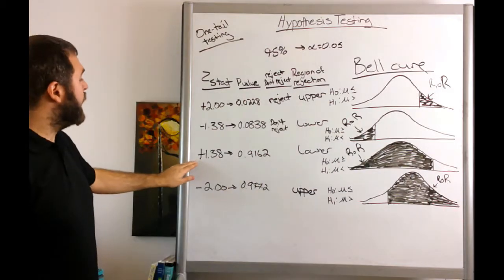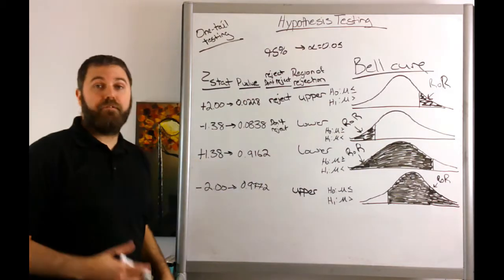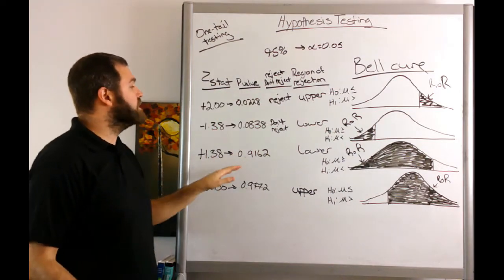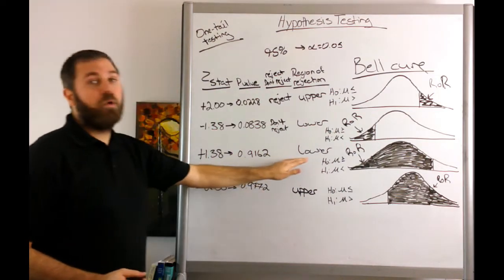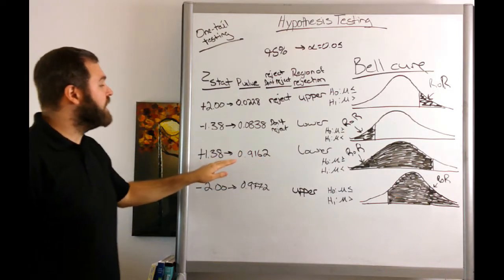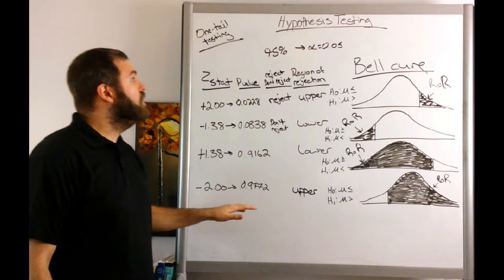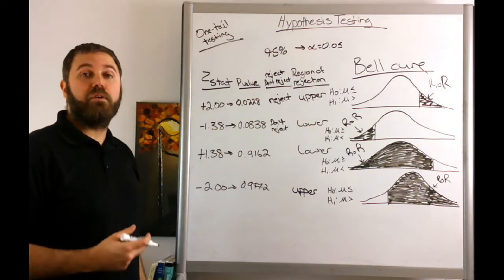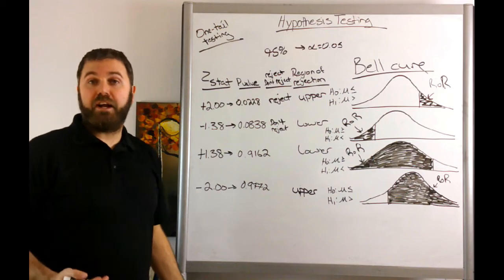Now looking at positive 1.38 for our z-stat, which gave us a p-value of 0.9162, in a lower tail, because we have a p-value of 0.9162, which is greater than our level of significance of 0.05, we do not reject H0.